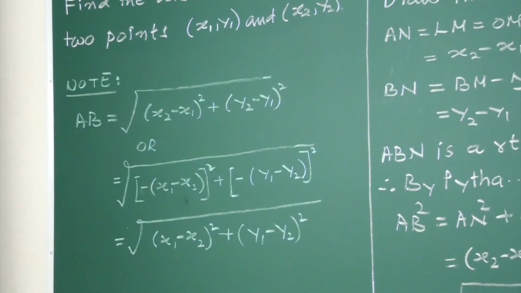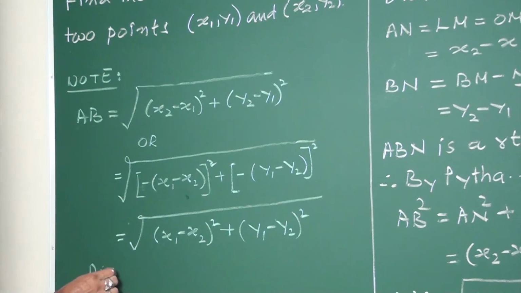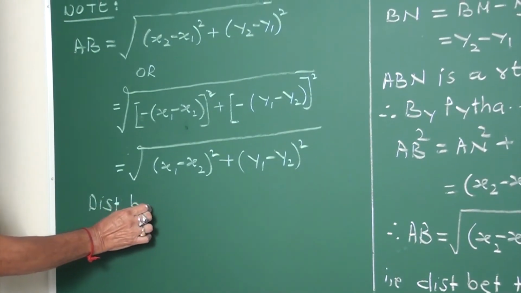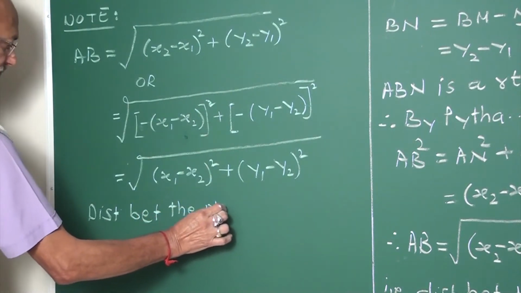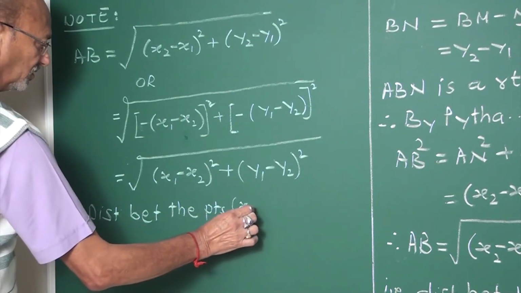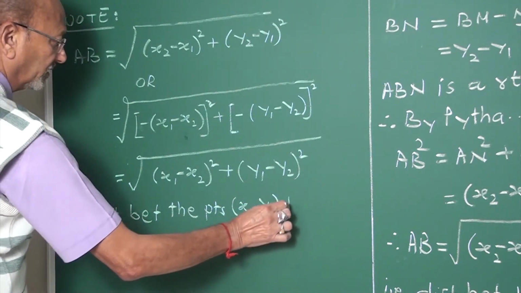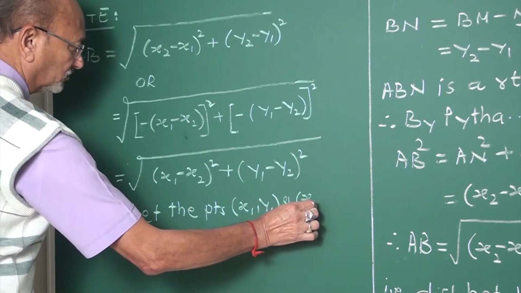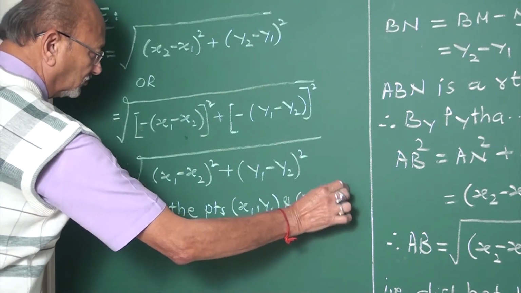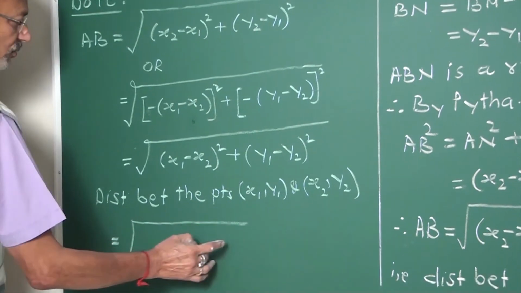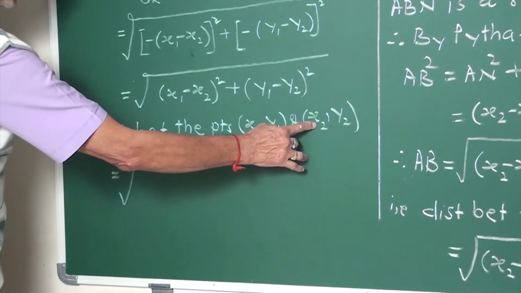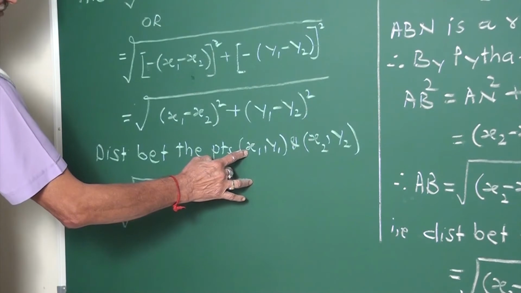So from this, what is the distance between these 2 points? The distance between the points (x1, y1) and (x2, y2) is equal to the square root of, you may take either first minus second or second minus first.